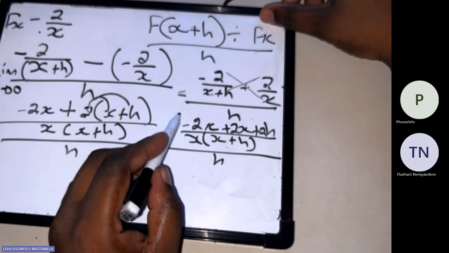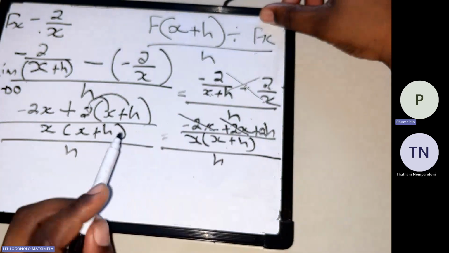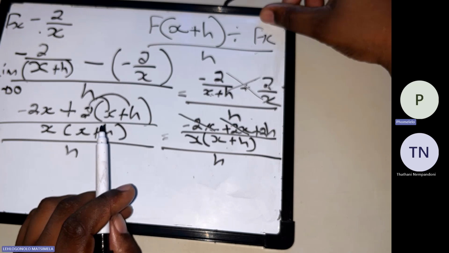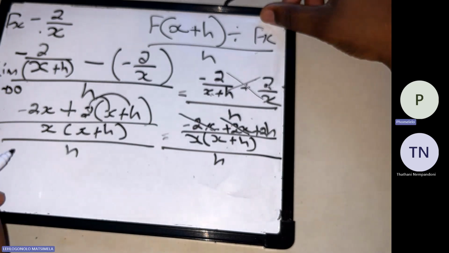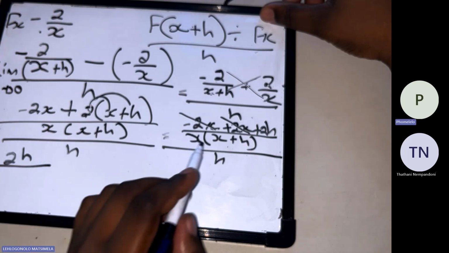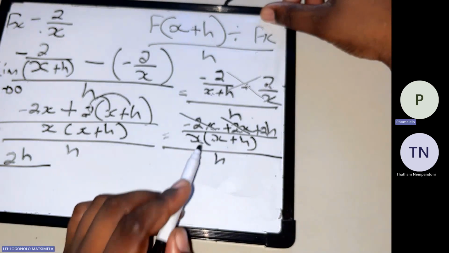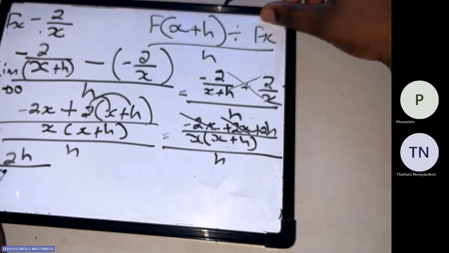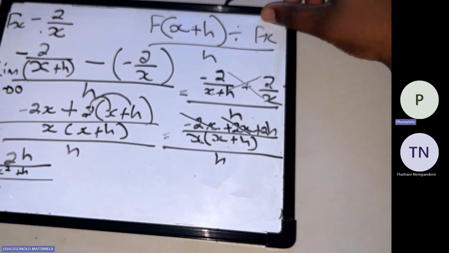And then here on the denominator, we say that these two are the same, they cancel one another. So when they cancel one another, we will remain with 2h divided by, I'm simplifying the brackets here, x to the power of 2 plus xh, and then all in all divided by h.